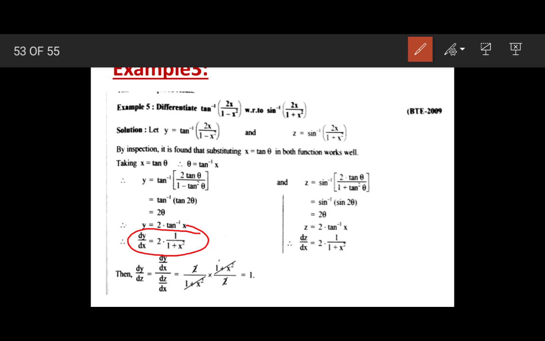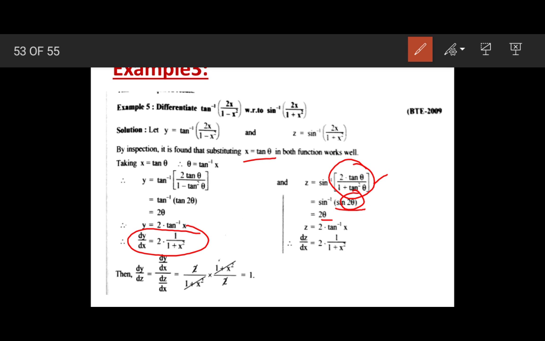Now we substitute x as tan theta in z. So we get sin inverse of 2 tan theta upon 1 plus tan square theta, and this is nothing but the formula of sin 2 theta. So we get sin inverse sin 2 theta. Sin inverse and sin cancel out, so we get only 2 theta.